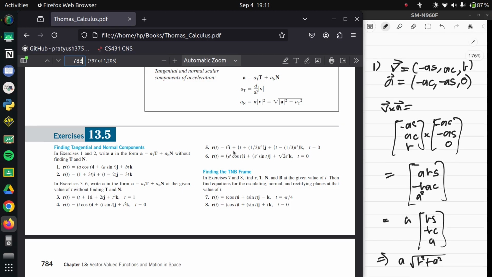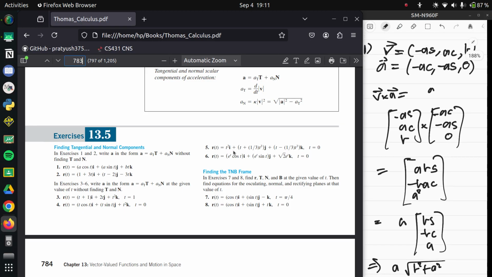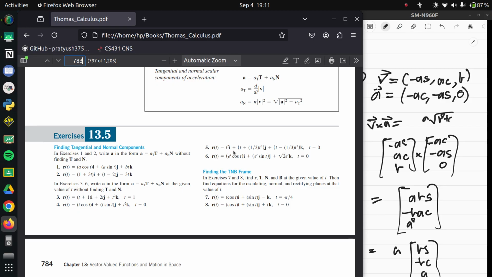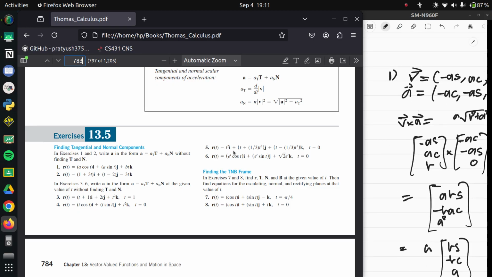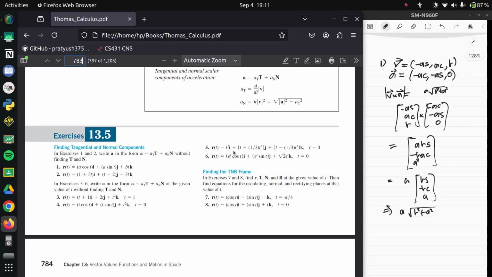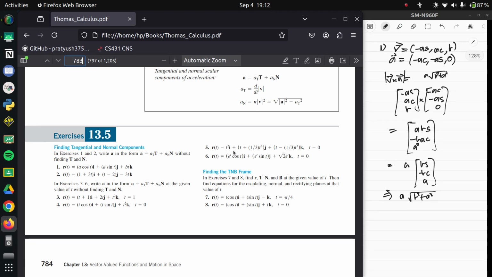So that's your acceleration, right? The norm of that. What about the norm of velocity? That's just equal to the square root of a squared plus b squared, which means this thing is just a.